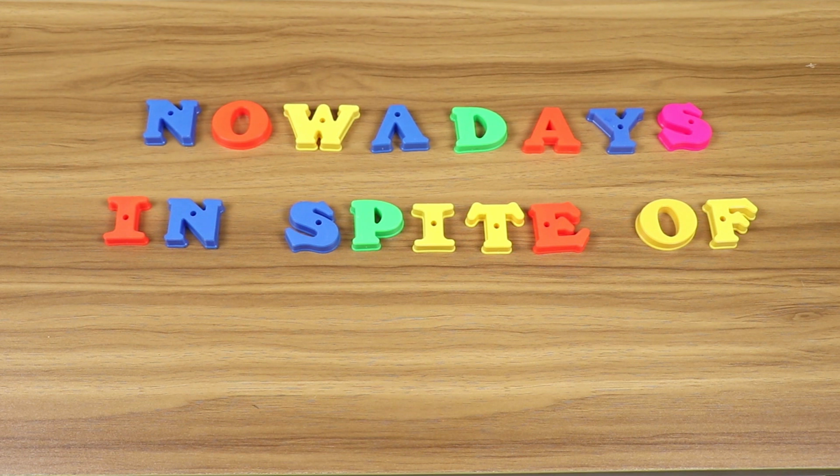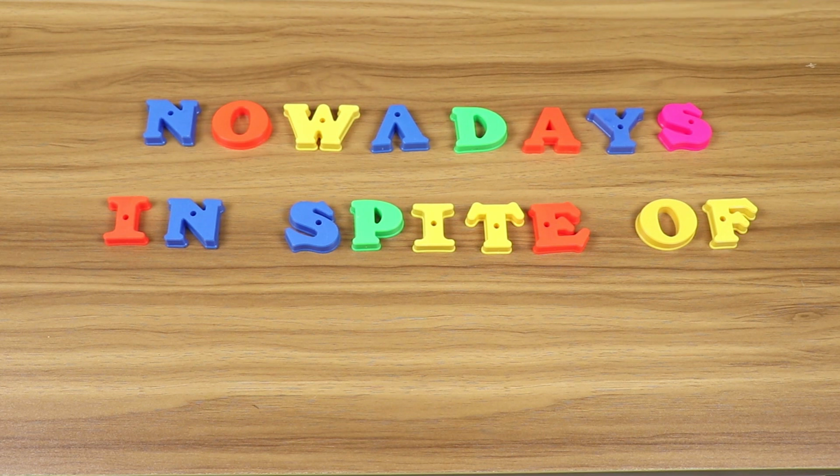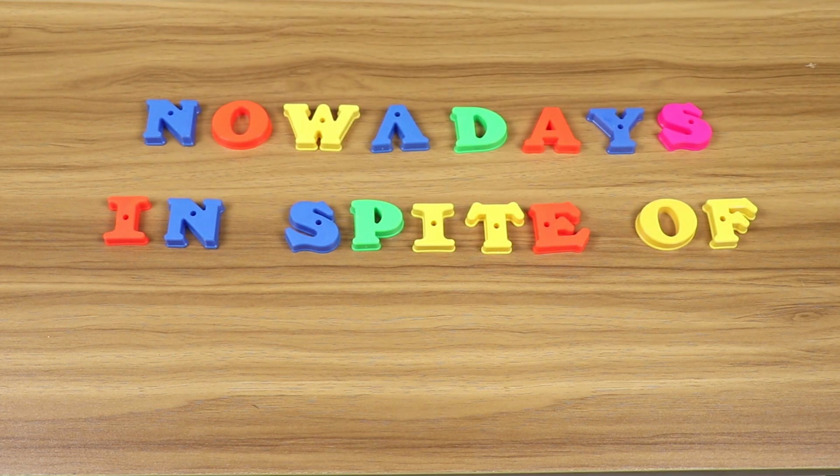But again, in this case it will depend on the examiner's discretion or judgment, whether they want to consider this as 3 words or a single word, or even in spite as 1 word and of as a separate word. In this kind of situation, suppose the examiner sees that the essay word limit exceeds by 1 or 2 words, and that's because of this kind of word, they may consider it to be okay.